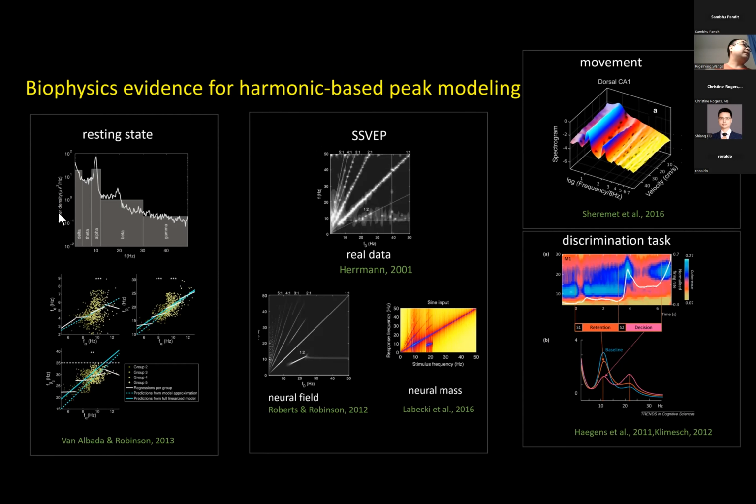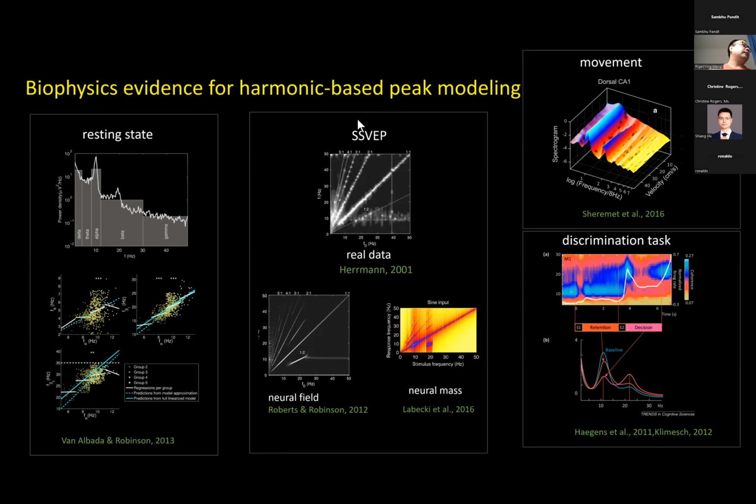Here are some examples. First, Robinson and his group used the resting state data and fit several Gaussian peaks, and found the harmonic relationship between the bands.